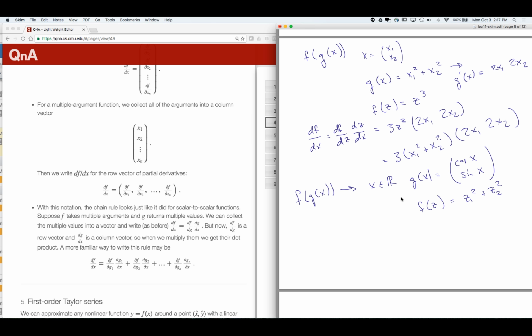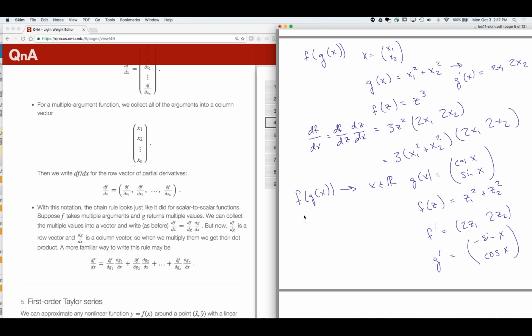So now we can take the derivative of each one. F prime is going to be the vector 2z1, 2z2, and g prime will be the vector derivative of cosine is minus sine, like that, right?